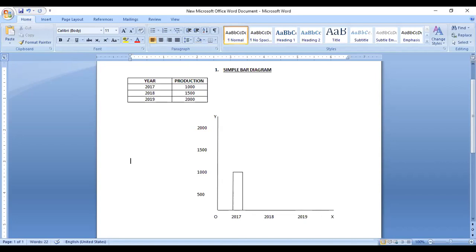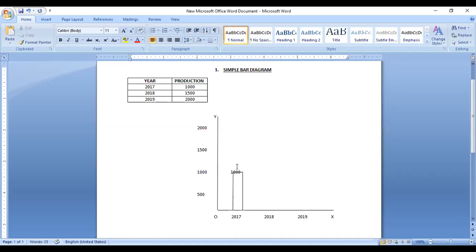It would be better to write 1000 on the top of it.